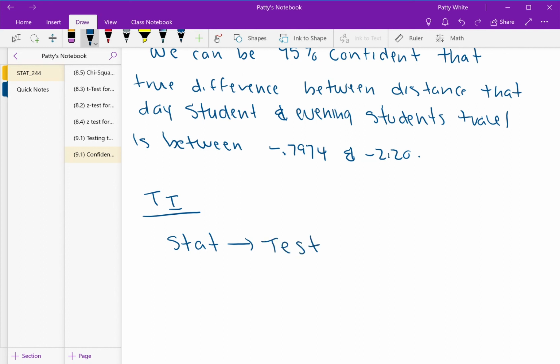Then under the Test menu, you would need to go to Two sample z-test. So using your TI calculator, Statistics, Test, 2 sample because you have 2 samples of data, and z because you're using the normal distribution test. And you would be able to get the confidence interval from your calculator.